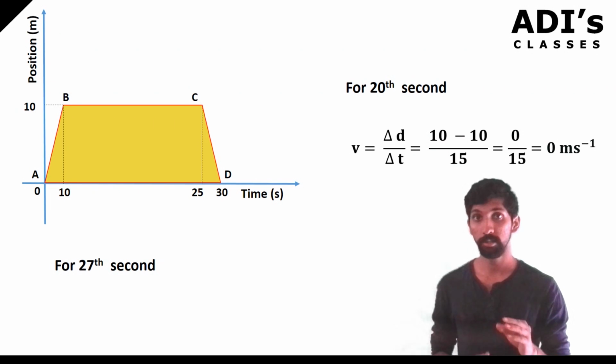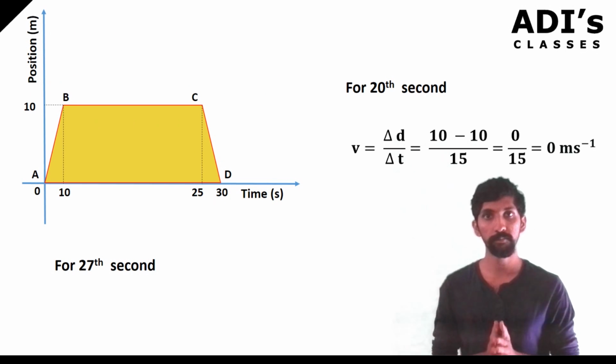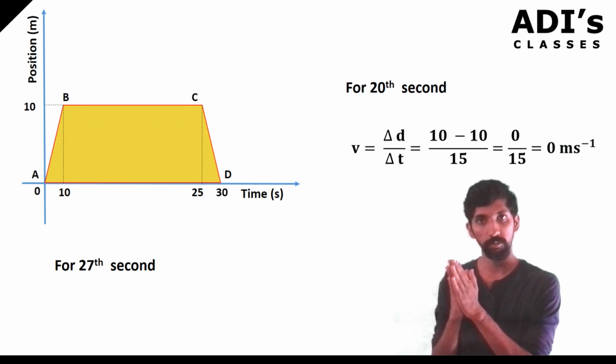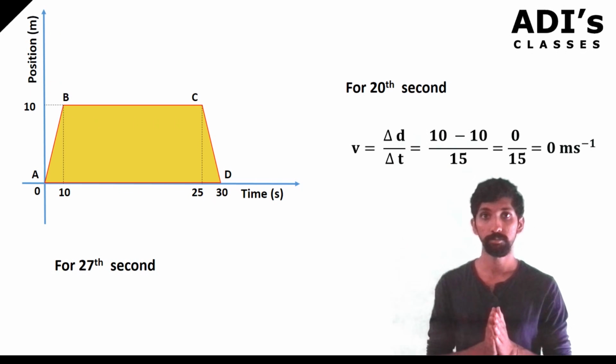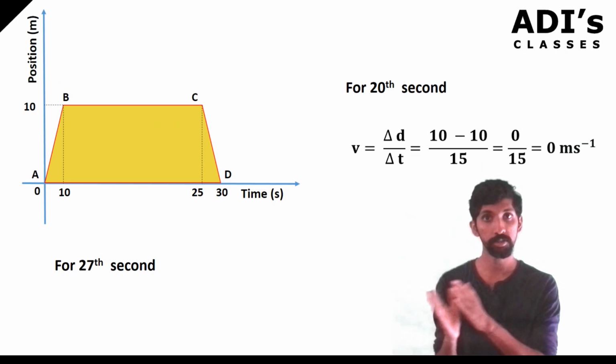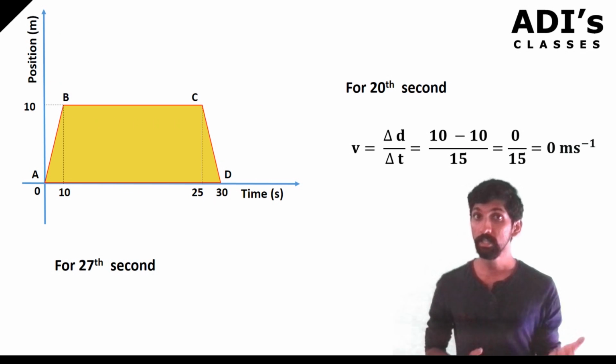Alright. Now the third, which is 27th second. From 10 meters, I am coming to 0. The position is changing from 10 meters to 0 meters. What is the change in the position, the displacement?